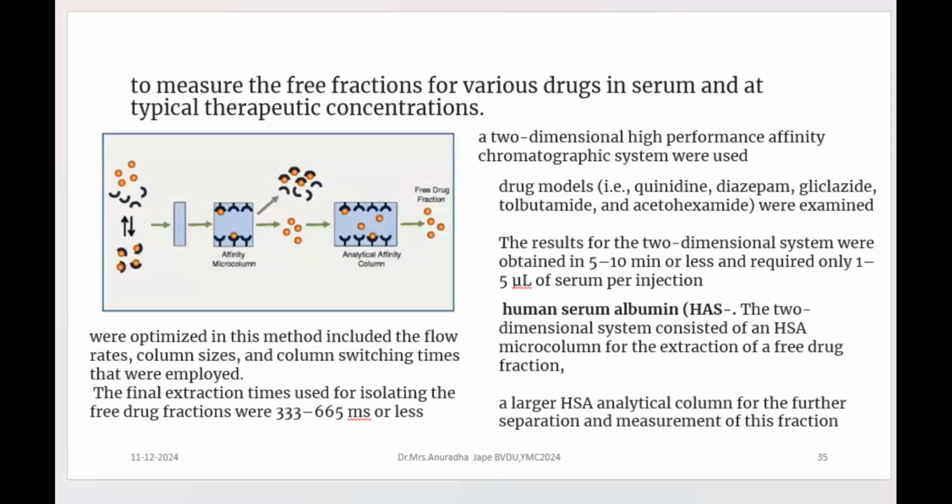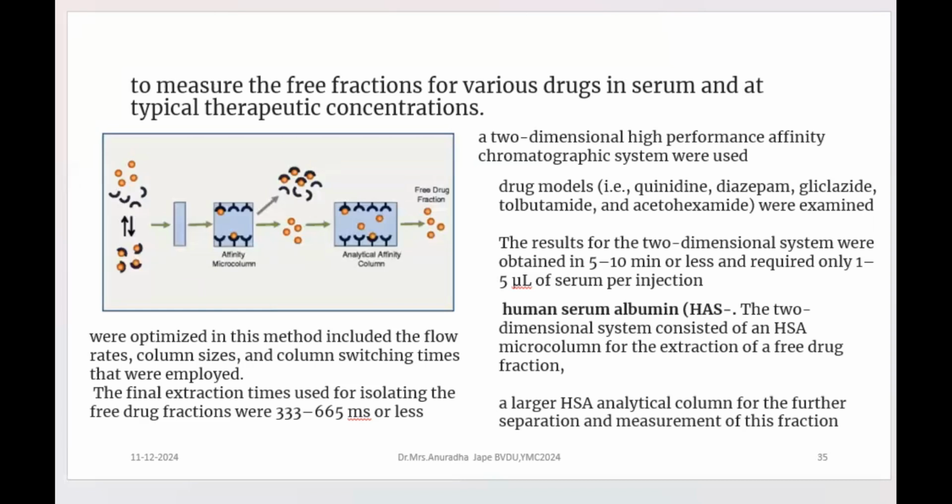A large volume of serum needs to be passed down this column, so that whatever trace amounts of that drug analyte or medicine analyte are present in the serum at a given time are concentrated, so that extraction can be done, for which you are going to use the micro column, which acts as a pre-column, or concentration of the analyte can be done.